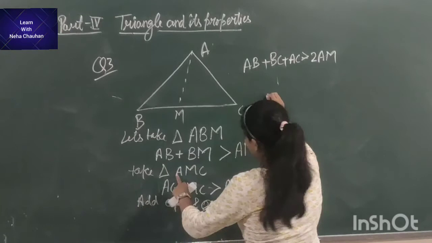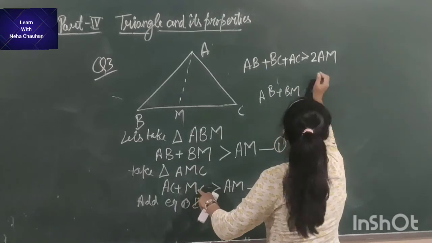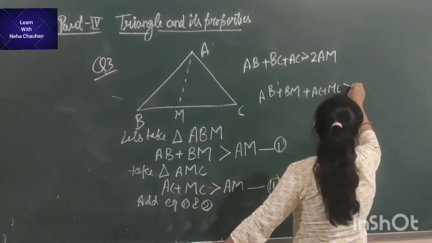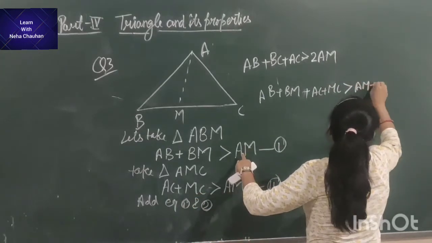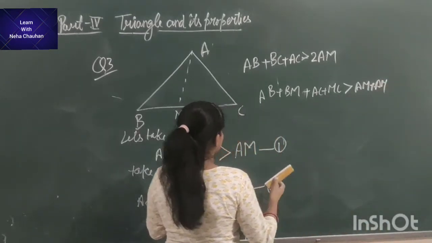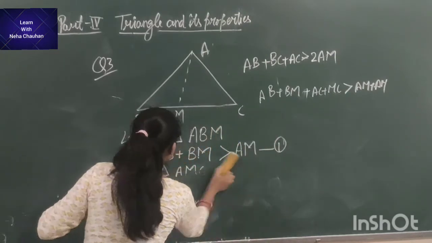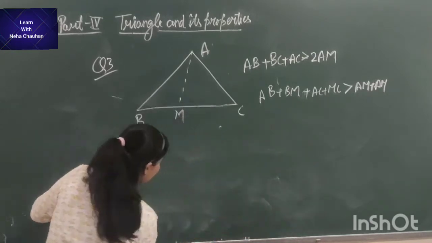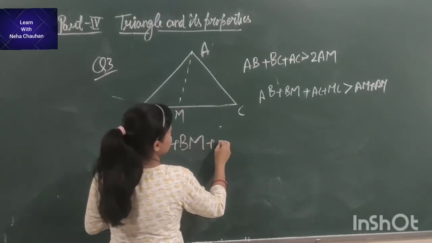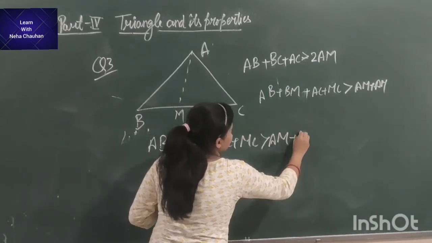We will get AB plus BM plus AC plus MC is greater than AM plus AM. I am writing it here so it is visible.